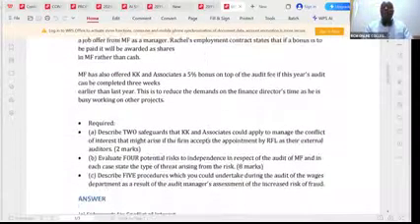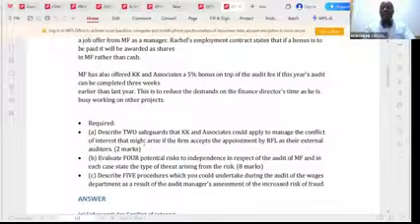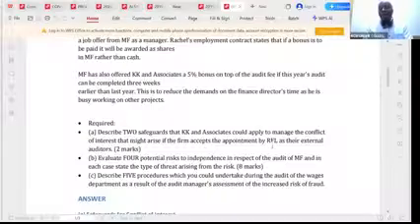So required, they want us to describe two safeguards that KK and Associates could apply to manage the conflict of interest that might arise if the firm accepts the appointment by RFL as the external auditors, 2 marks.